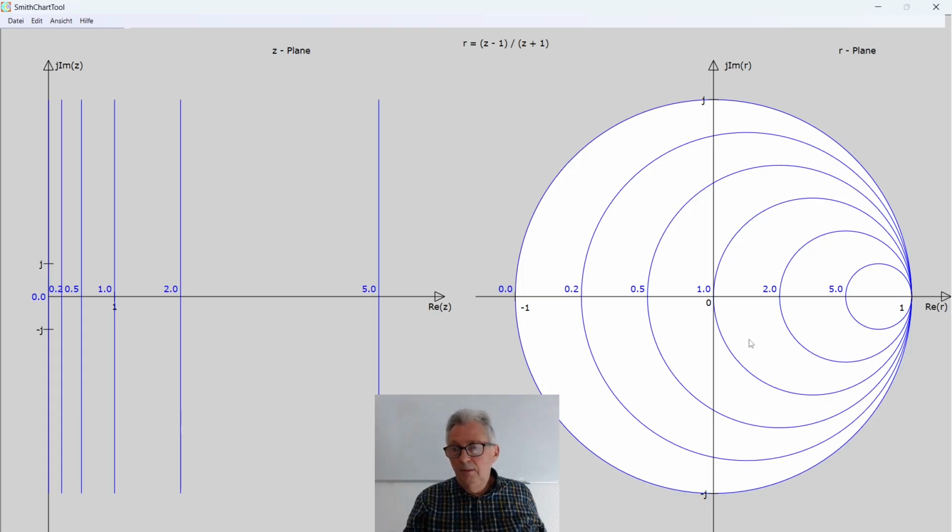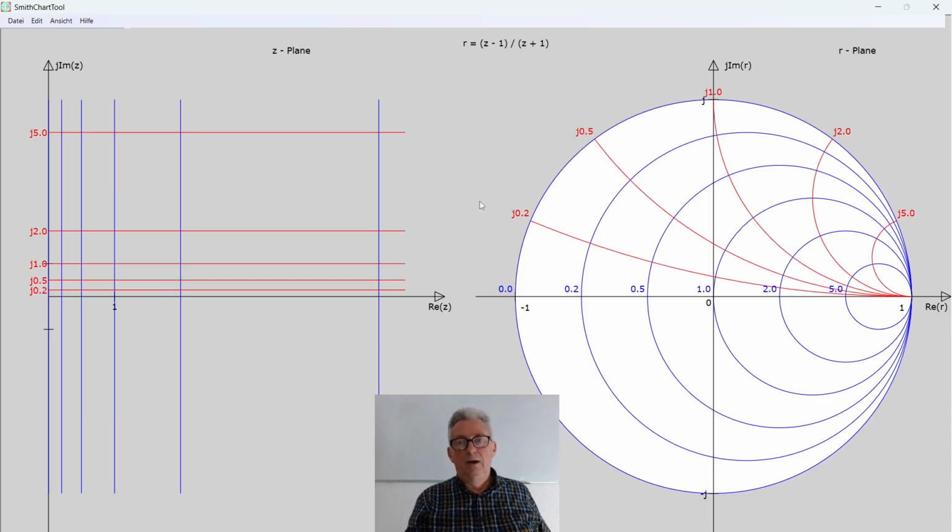The blue lines I will now call real part circles, and it's very important that you can recognize these circles as the real part circles. And besides these real part circles, in the Smith chart we also have the imaginary part circles.